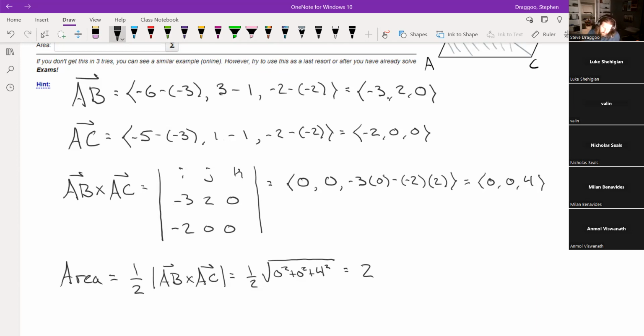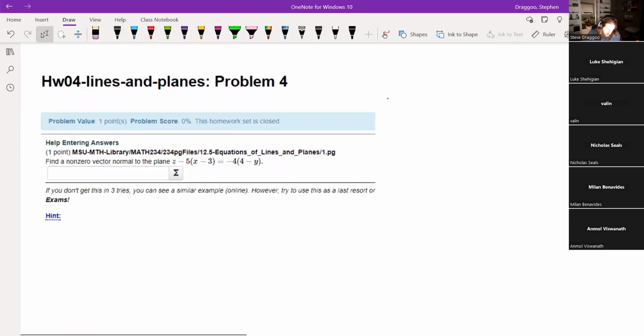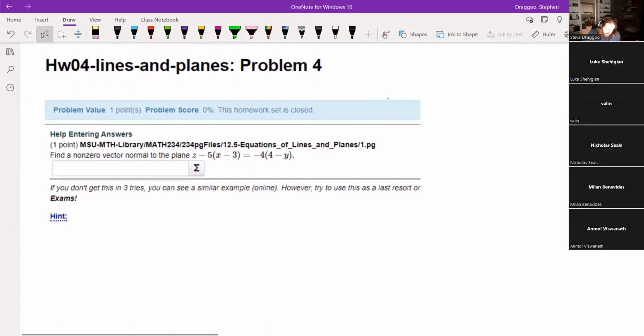All right, let's take a look at our next one. Start off with an easy question about planes before we dive into a more complex one. So we want to find a non-zero normal vector to the plane, the one that's given there, z minus 5 times x minus 3 is equal to negative 4 times 4 minus y.